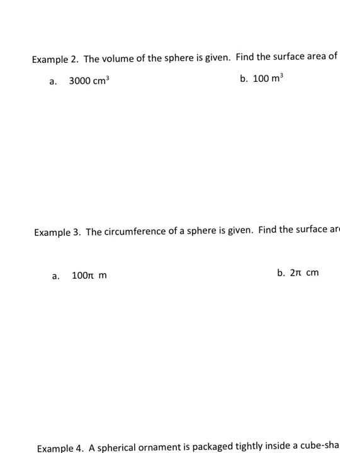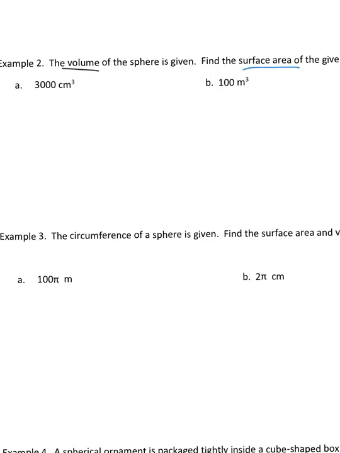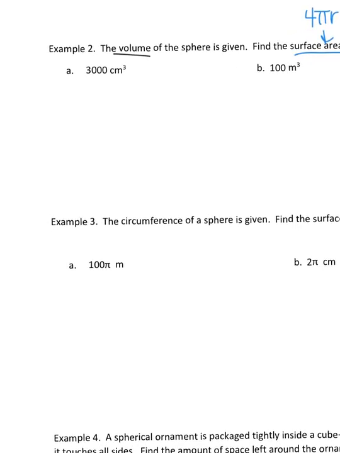So the volume of the sphere is given. Find the surface area. So in order to find the surface area, we use the formula 4 pi r squared. So we need the radius. So what you're going to do is solve for the radius.